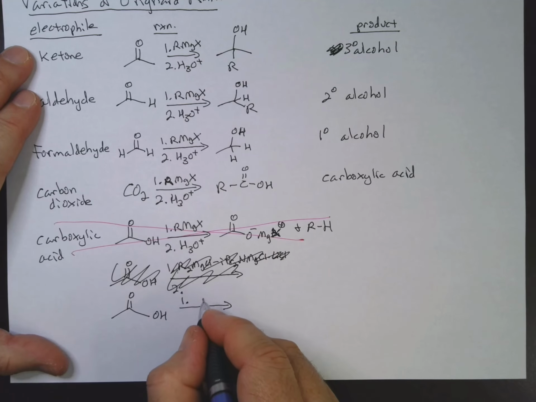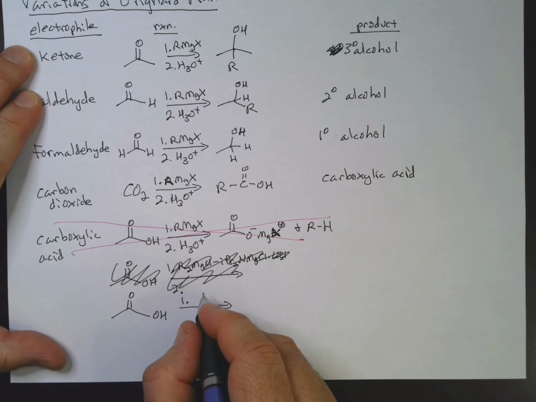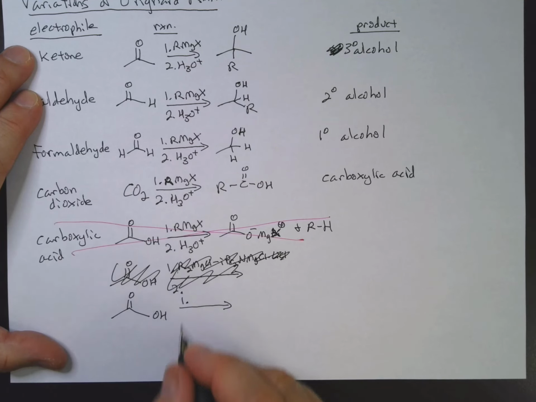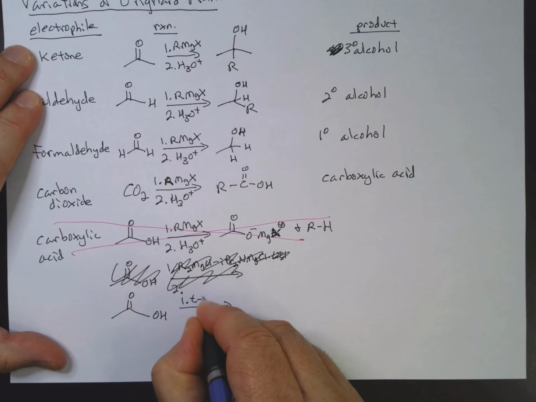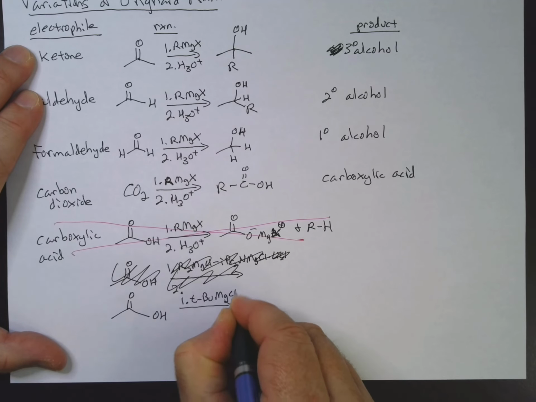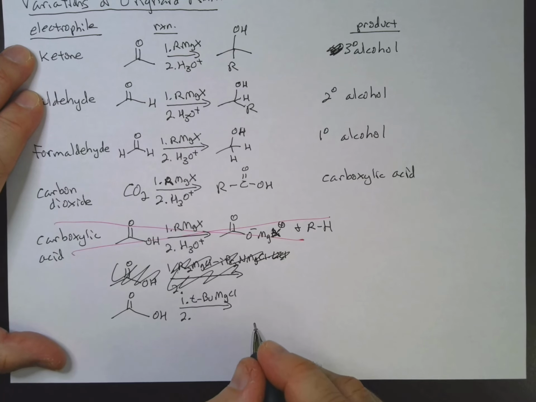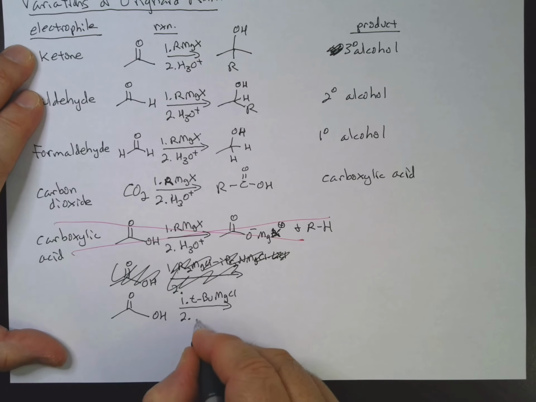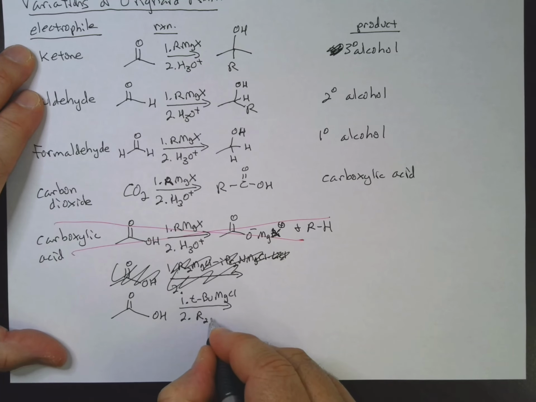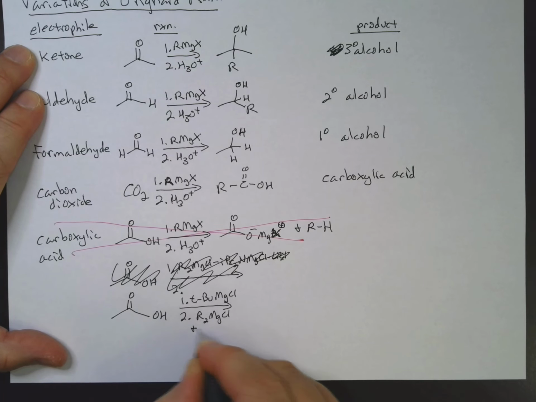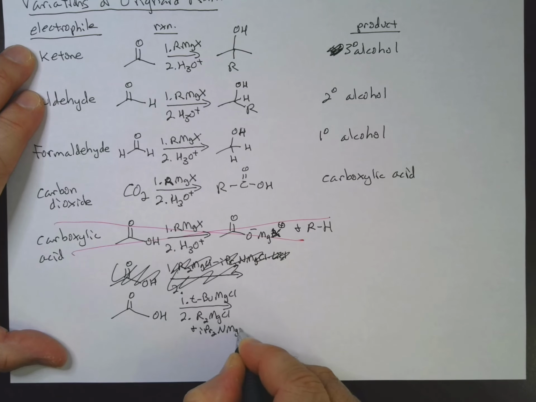We'll do 1, t-BuMgCl, and 2, we will use the turbo-Hauser base, which is R2MgCl plus the iPr2N, so two isopropyl groups attached to a nitrogen attached to MgCl, complexed with lithium chloride.